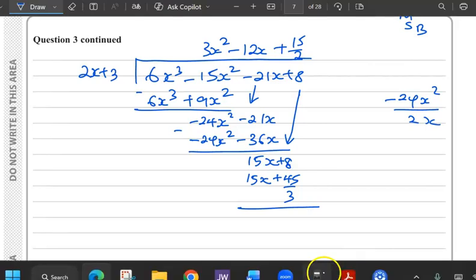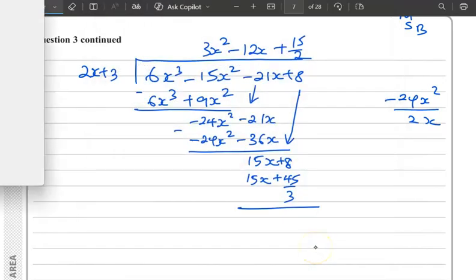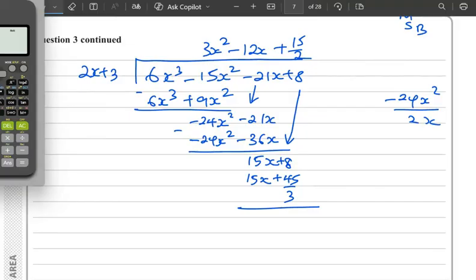Let's look at that. We have a calculator here. So 8 minus 45 over 3, is it minus... it's not 45 over 3, but it is 45 over 2.